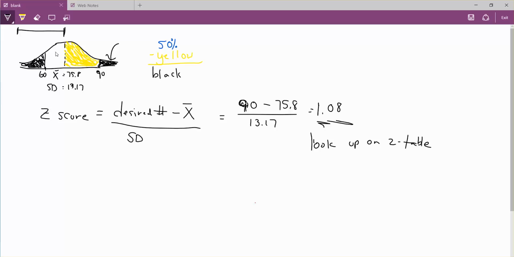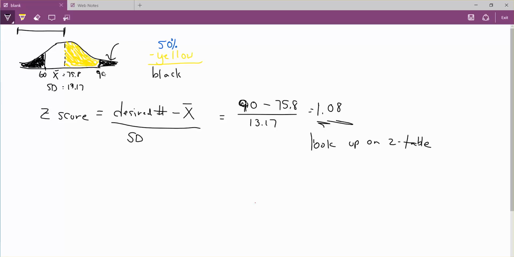So the yellow shaded area and the unshaded area directly to the left of the yellow have identical proportion values or percentage values. So if I know this yellow shaded area, then I also know this unshaded area, and then I can calculate this green shaded area to the left.